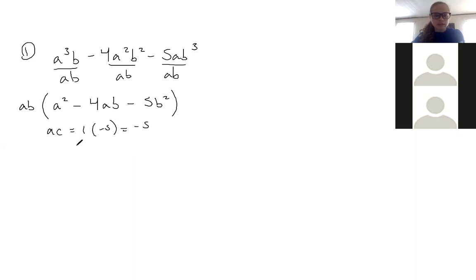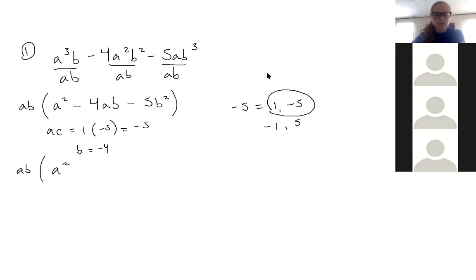And then my b value is -4. So what factors of -5 will give me -4? Well, 1 and -5.